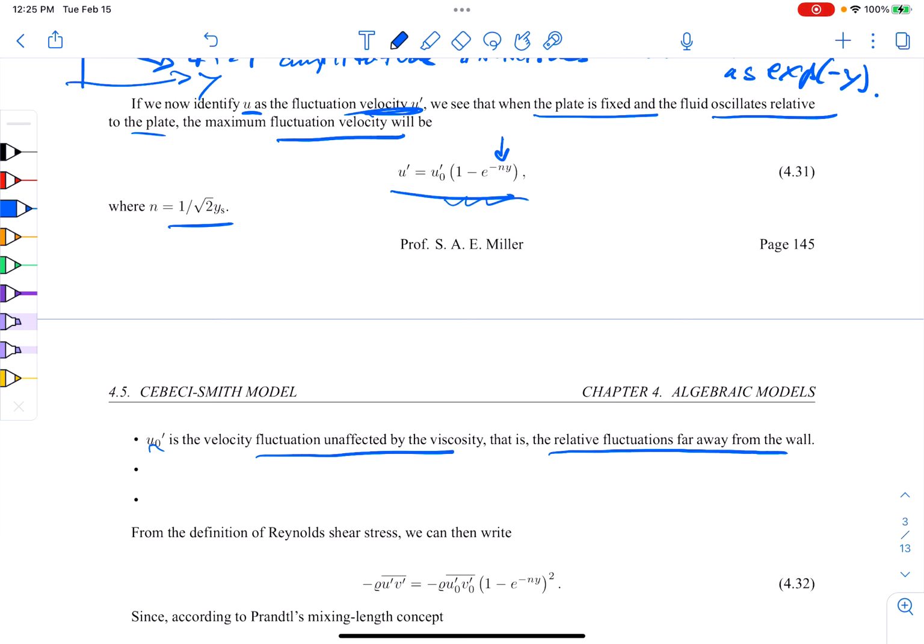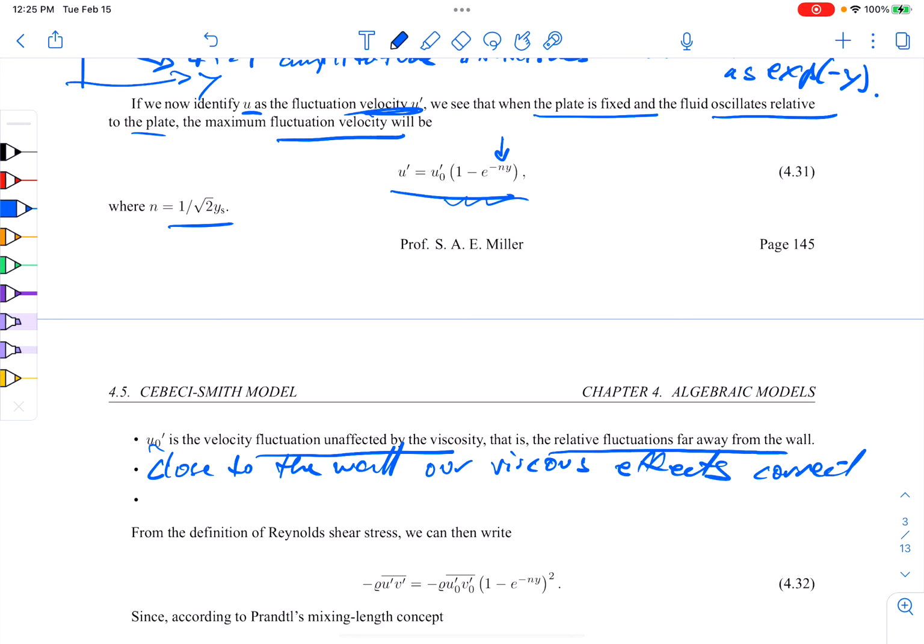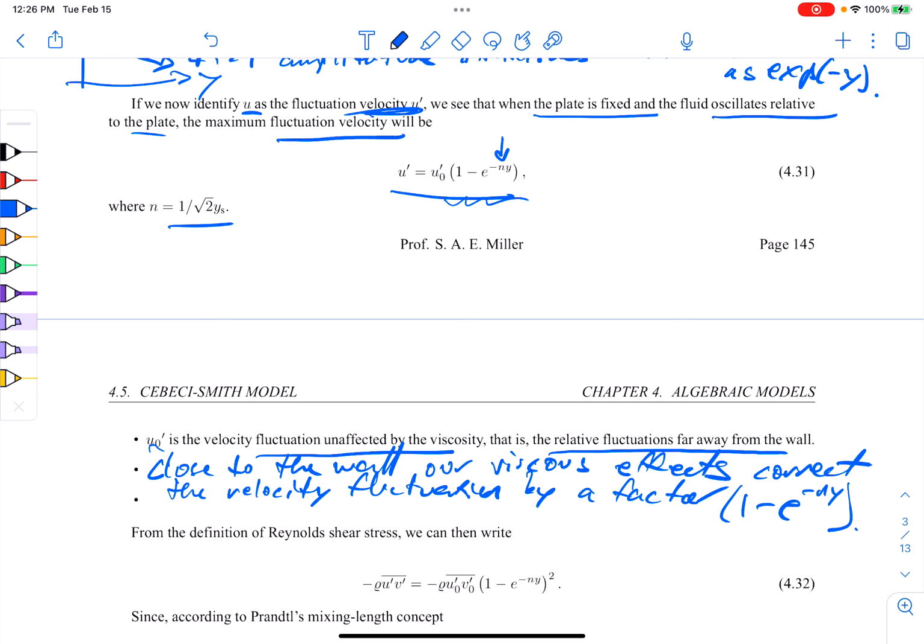So that means, conversely, that close to the wall, viscous effects correct the velocity fluctuation by a factor of 1 minus e to the negative ny, which is this term here.